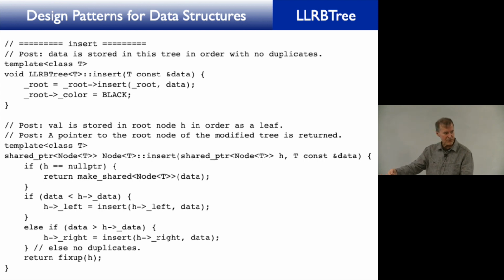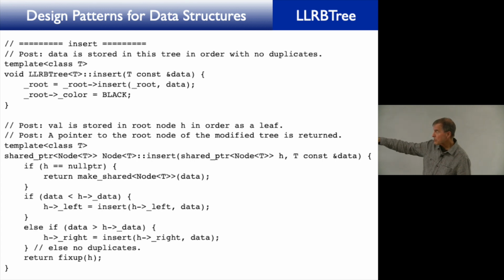You have to understand that. So look at the code here, for the node version. H is the formal parameter of the node version of insert. Are you with me? And so it starts off being the root of the tree.